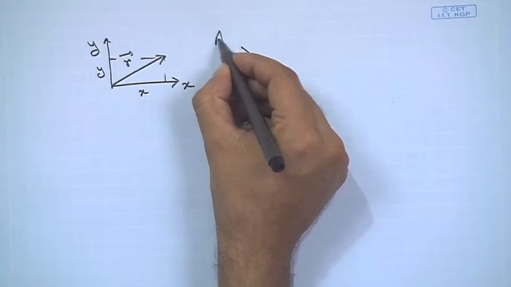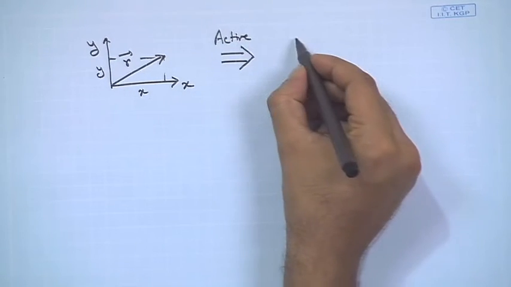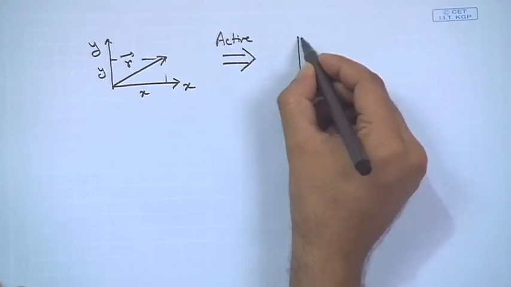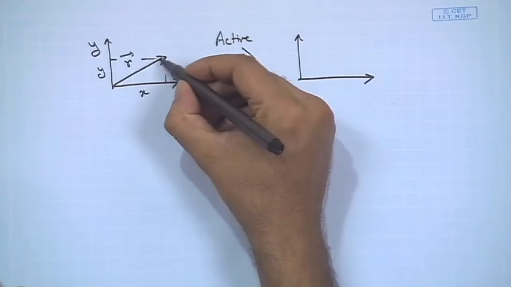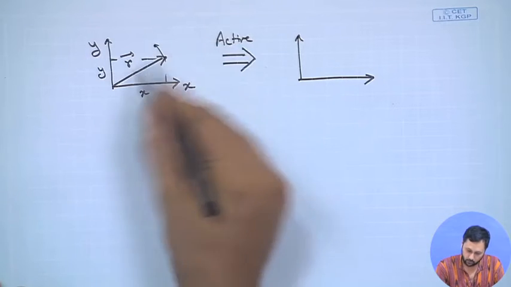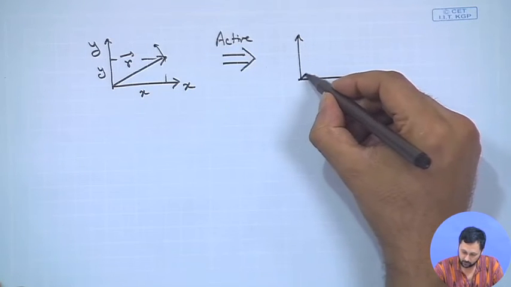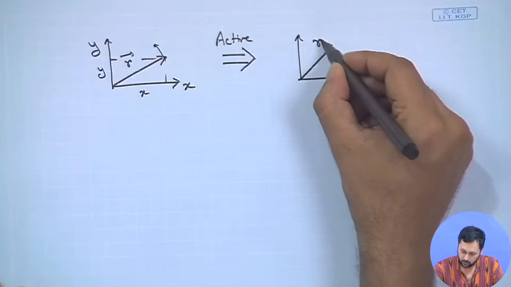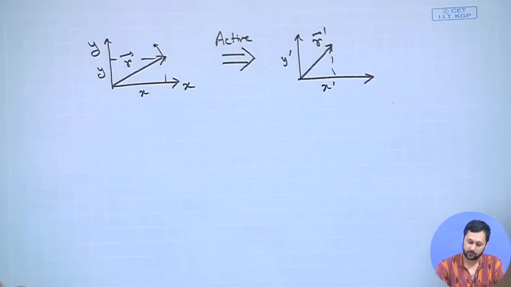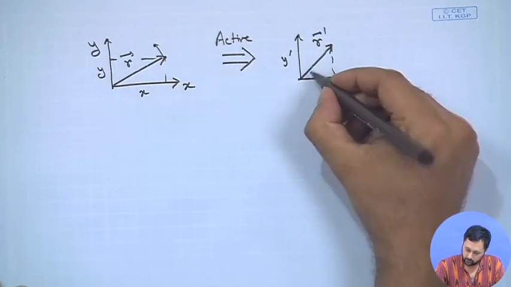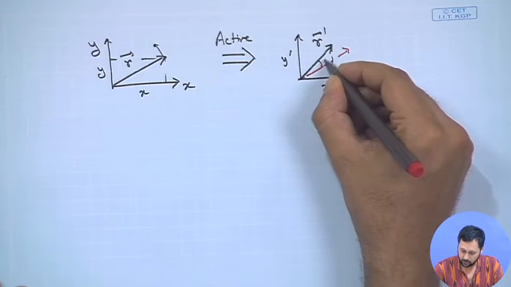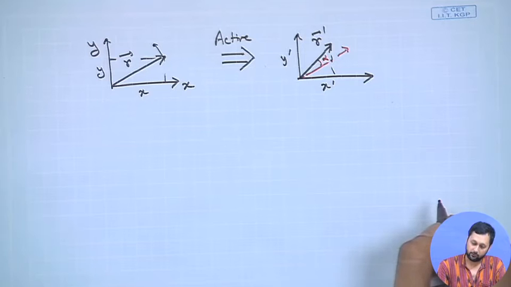One is the active type of rotation, let us say in the clockwise or anti-clockwise sense. Active rotation means the actual vector rotates, the coordinate axis remains invariant. So this is my new r prime, which will have projection of x prime and y prime. It was initially in this direction, and let us say this is my alpha. So this is an active rotation.